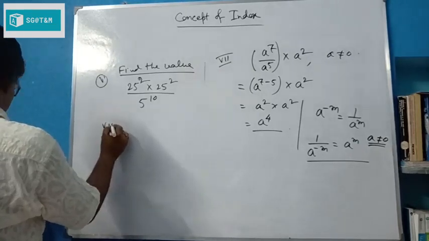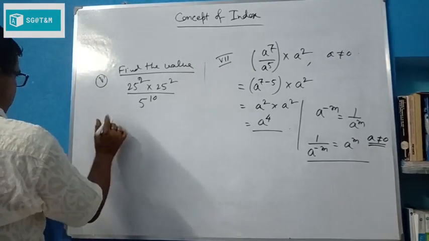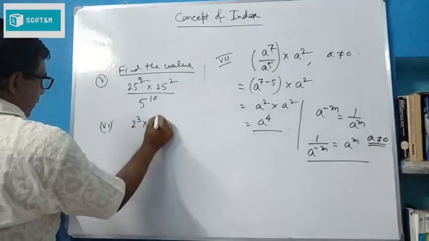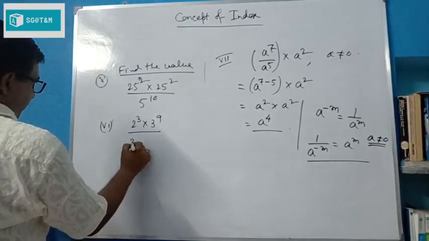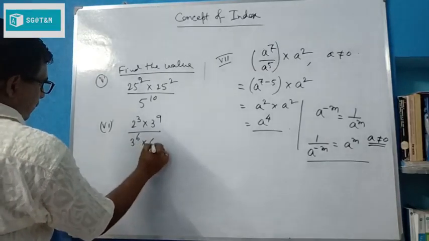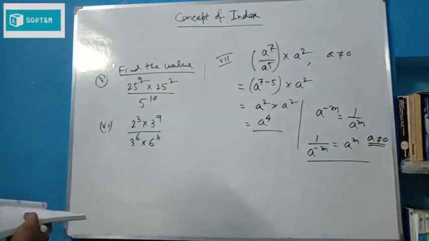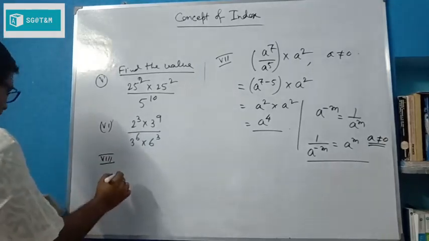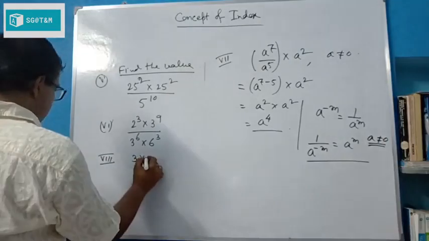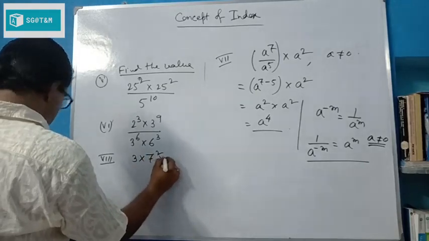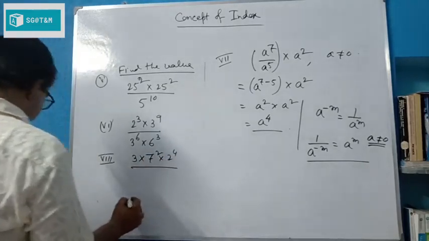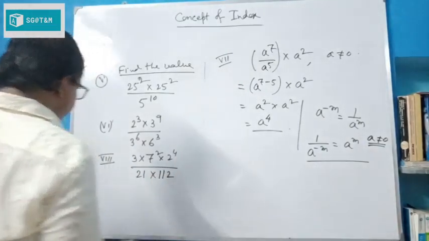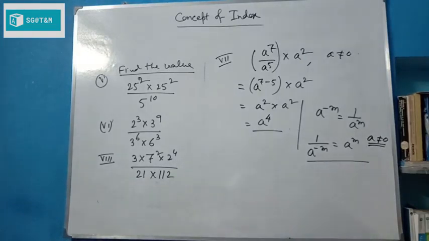And number 6: 2 cube into 3 to the power 9 by 3 to the power 6 into 6 to the power 3. Number 8: 3 into 7 square into 2 to the power 4 by 21 into 112.